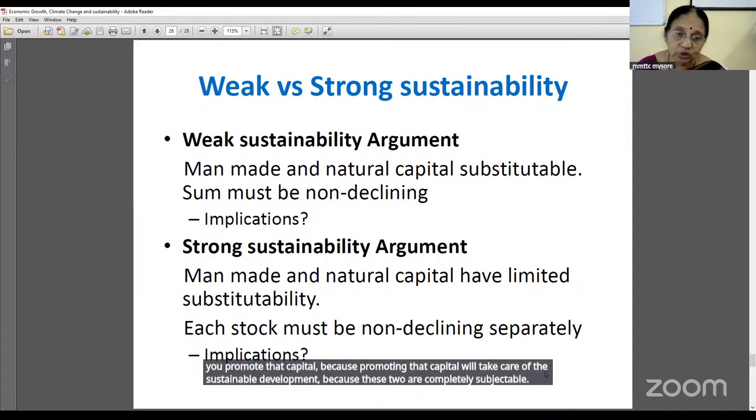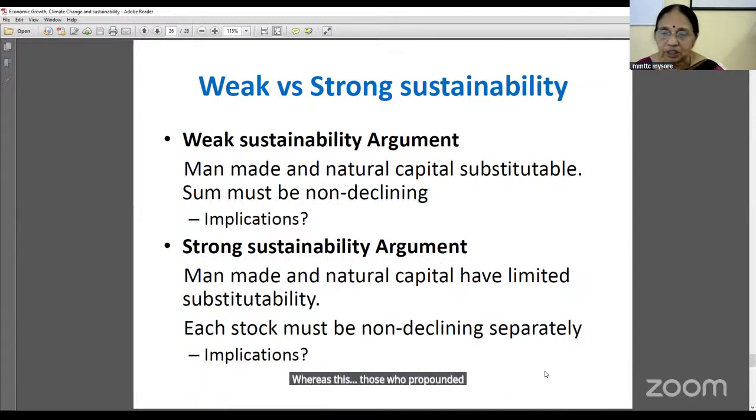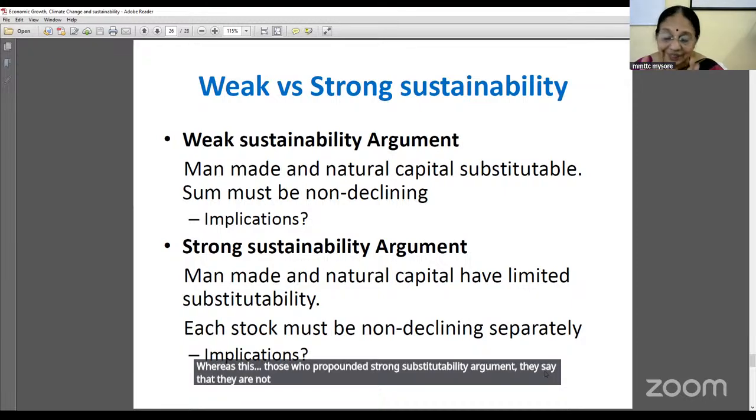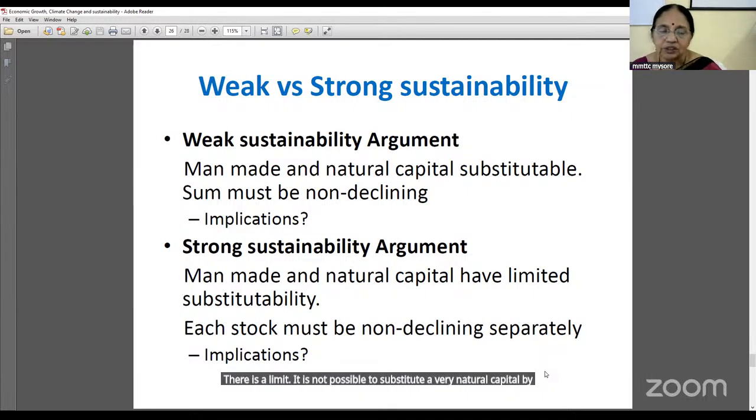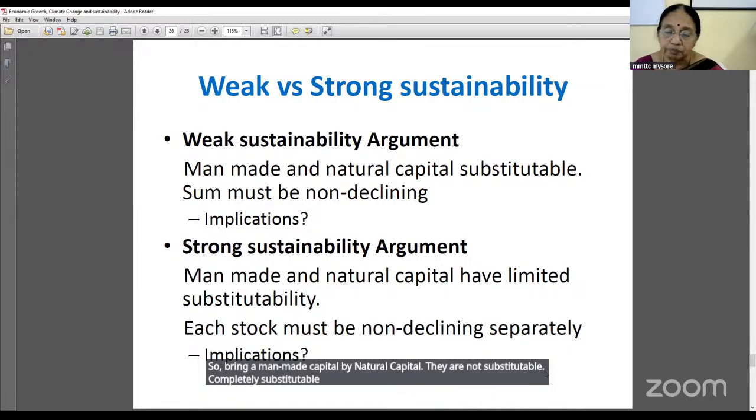Whereas those who propounded the strong sustainability argument say that they are not substitutable. There is a limit. It is not possible to substitute every natural capital by man-made capital, or every man-made capital by natural capital. They are not completely substitutable. Because of that, those who believe in this argument propose policies promoting both kinds of capital.